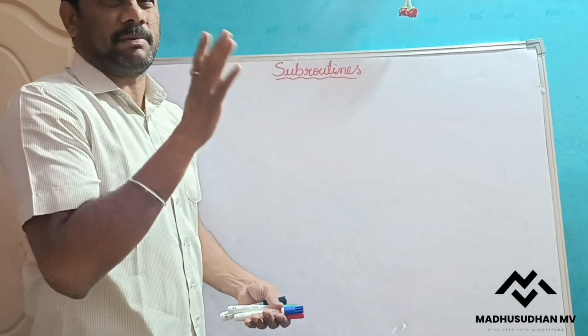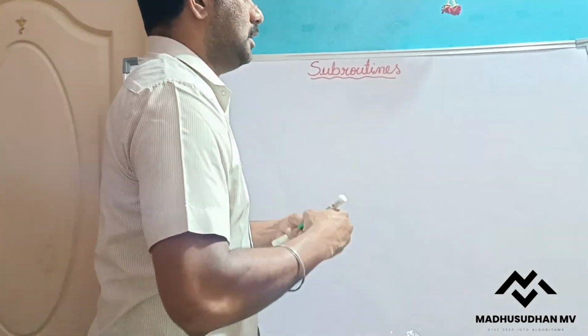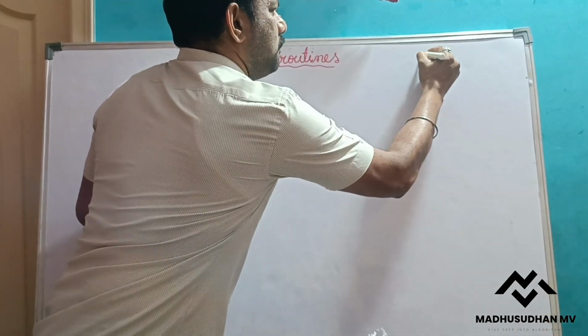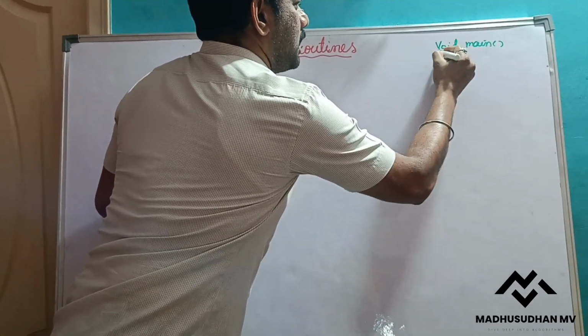Let us take straight away one simple example of adding two numbers using functions in C. As usual, we always know that it will start from main. I'm not including the header files.